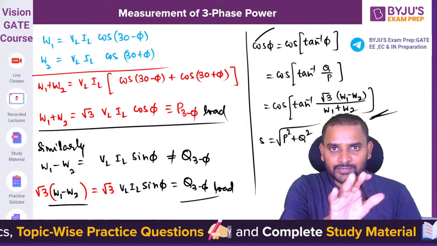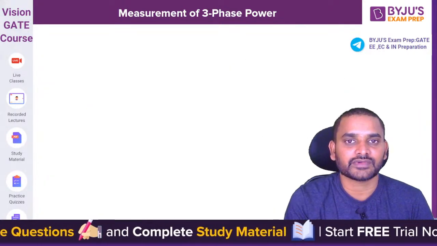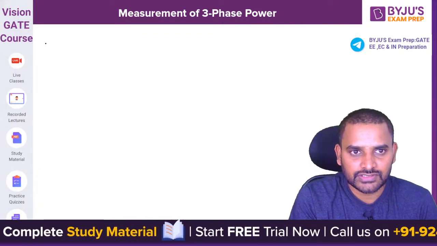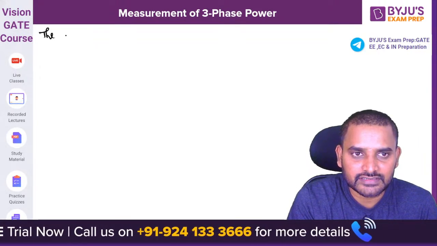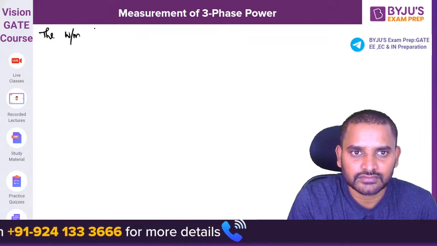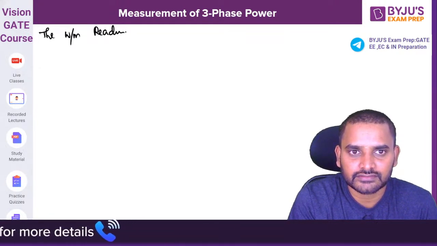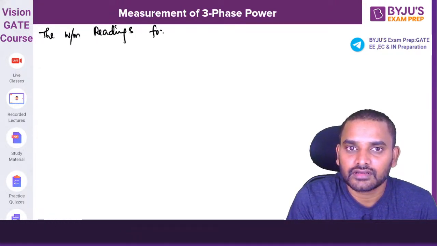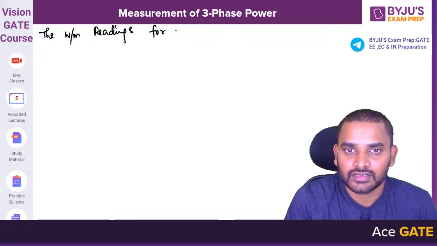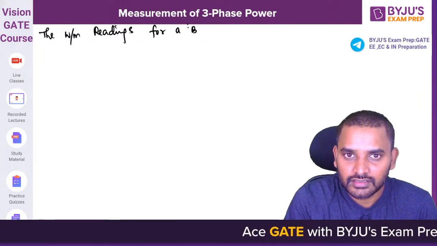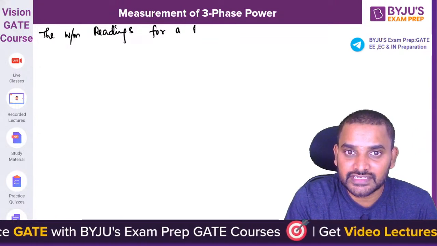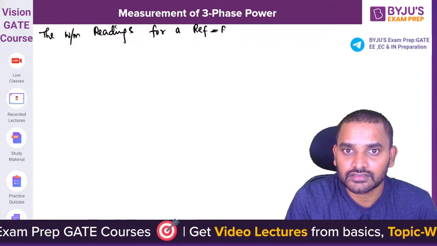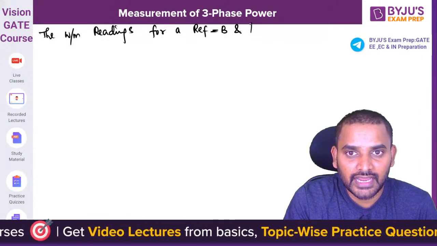Okay. So remember these wattmeter readings. Here are the wattmeter readings for a reference phase B and lagging load.